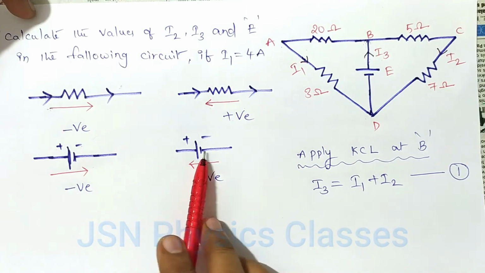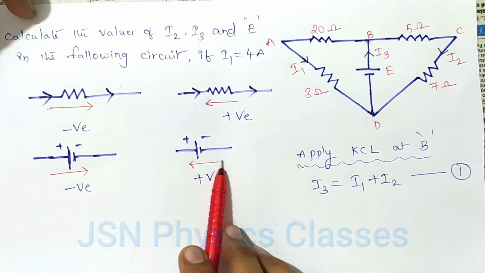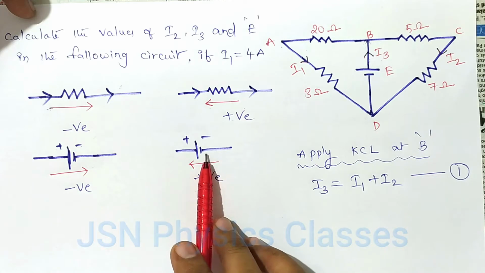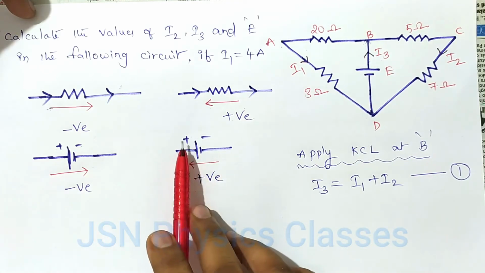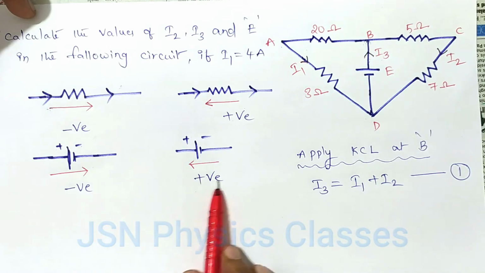If the loop goes from the negative terminal to the positive terminal, ultimately positive is final, so take it as positive.